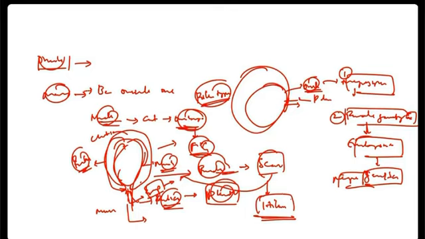There is some area between the hilum and chalaza, and this area is called raphe. The area between the chalaza and the hilum is called raphe. So this is about the ovule, integuments, and the nucellus.